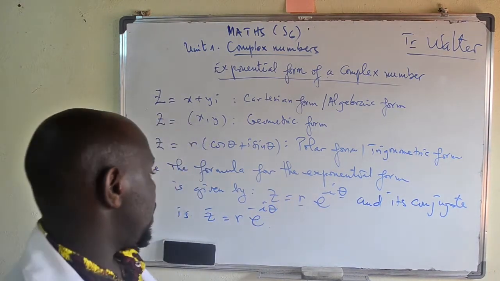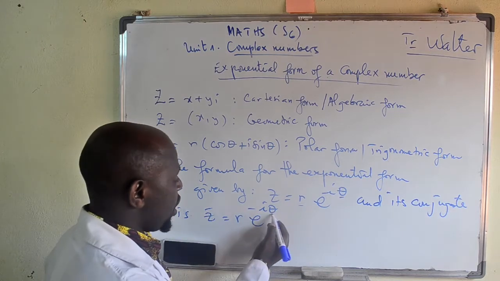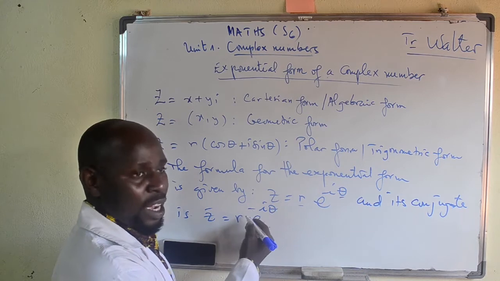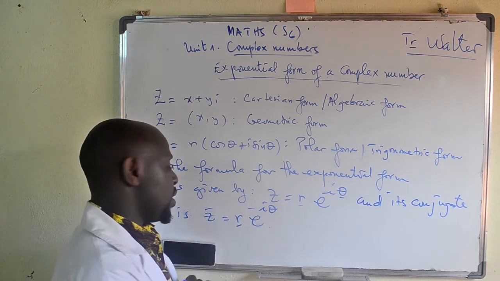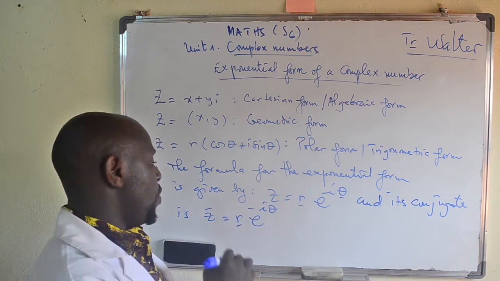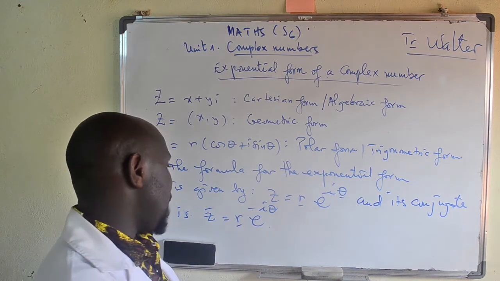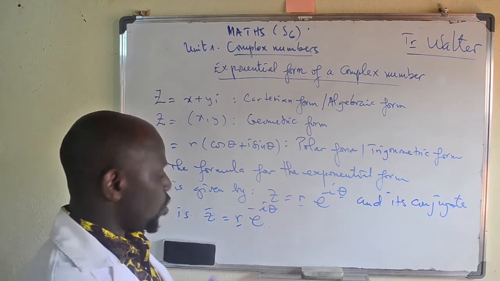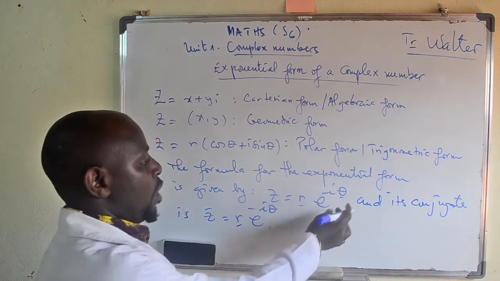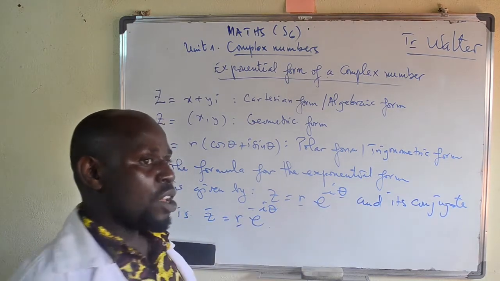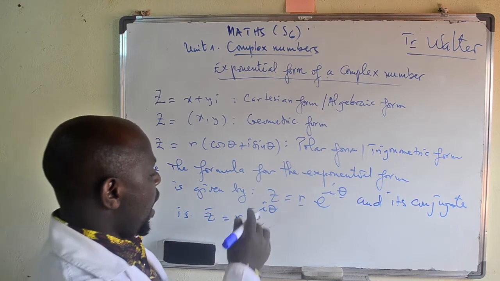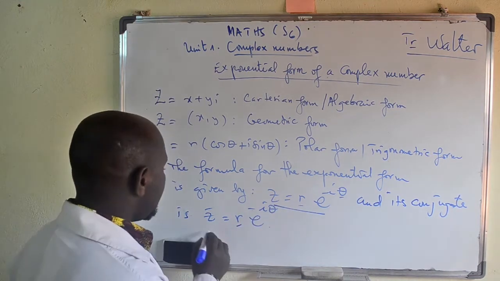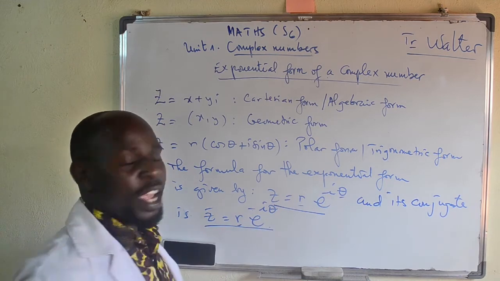Here what we have done is change the sign, which means that theta is negative. So the modulus remains the same for the conjugate and the complex number z, and the argument changes to the negative one, the opposite of the normal argument we have for z. So, ladies and gentlemen, this is how we find the exponential form, and this is its conjugate.